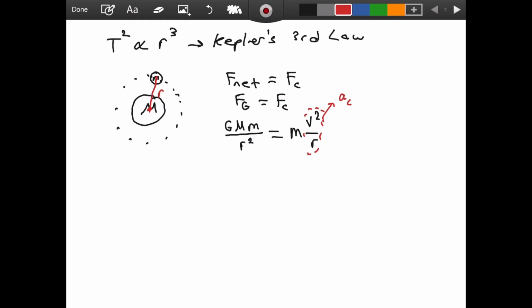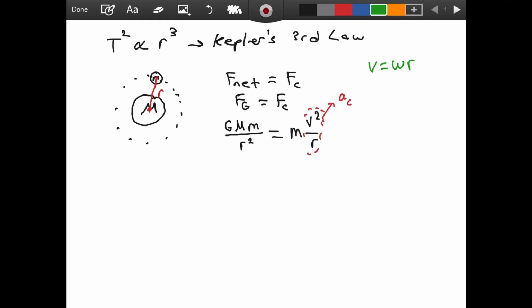So we got this. Now, what I want to mention is that v is equal to omega times r. r here is the radius, v is the speed, and omega is the angular speed. It is the angular velocity.